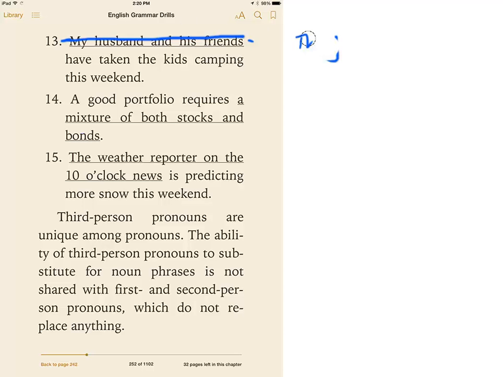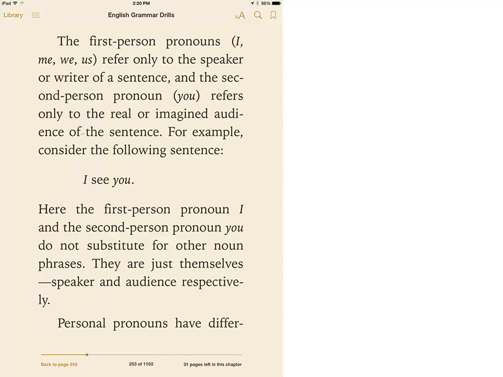Now what they're saying is that first and second person pronouns do not do that. So let's take a look at that example. It says the first person pronouns I, me, we, and us refer only to the speaker or writer of a sentence. And we and us refer to the speaker and the people with him.